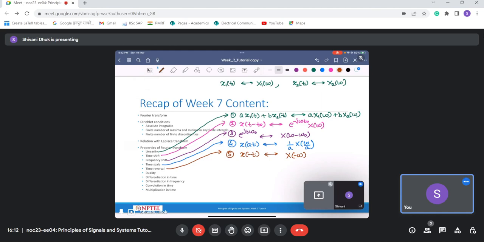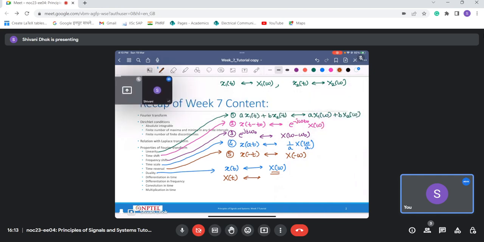The next property is an important property and is useful in many cases, and that is known as the duality property. It says that if x of t has a Fourier transform capital X of omega, and now, instead of omega in the frequency domain, we consider capital X of t, then this will have a Fourier transform of 2 pi x of minus omega, where this x is the small x, that is this function here.